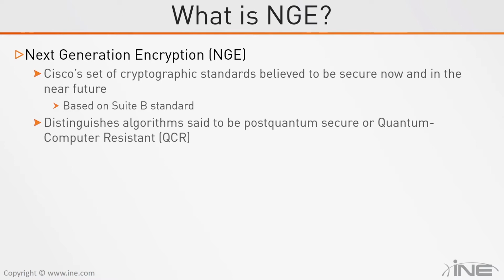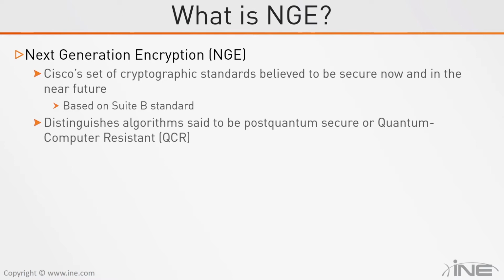But assuming that quantum computers would at some point become reality, certain functions from the NGE suite are still supposed to be valid, meaning not compromised by those super fast computers, because this is what a QC actually is. This is a super fast processing unit that runs much faster than regular computers.